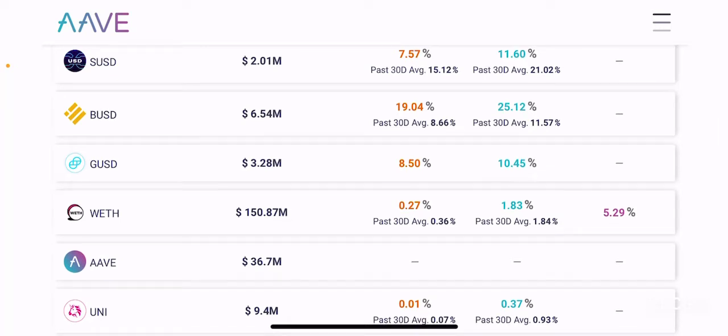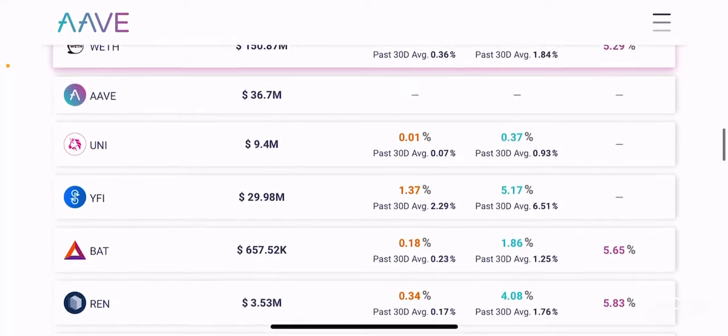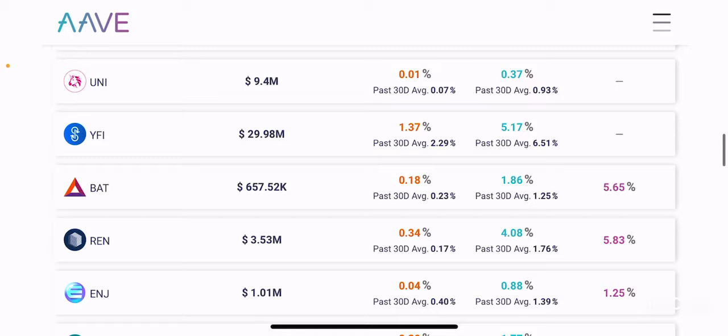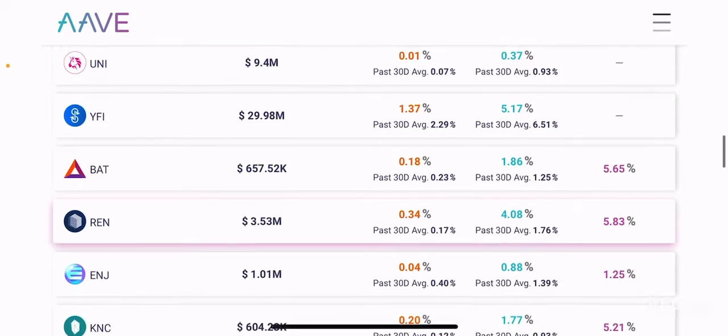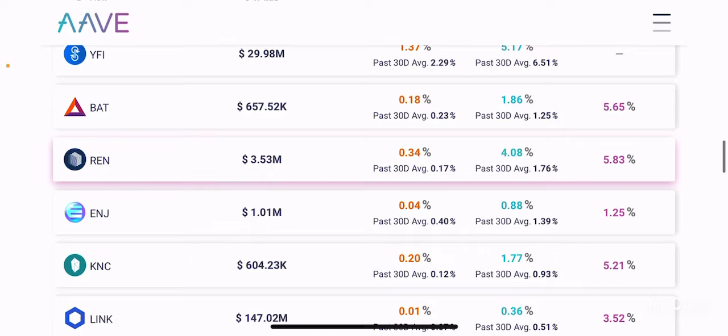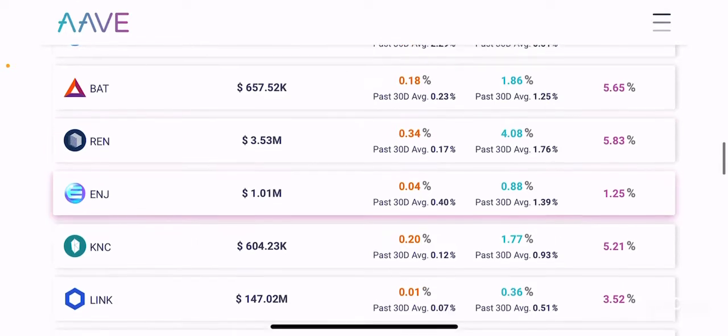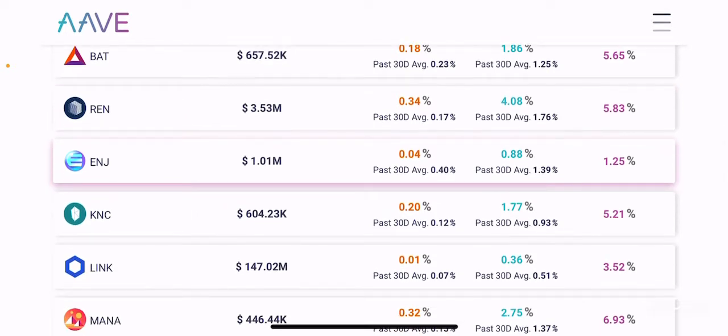So tell me which bank would give you this kind of lending rates, right? You'd probably get somewhere around 0.01% per annum for a lockup period of a year, and it's not even enough to cover the inflation that is eating away all of your wealth every single year.